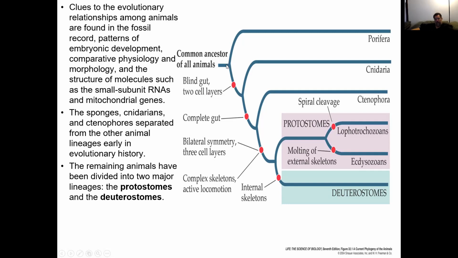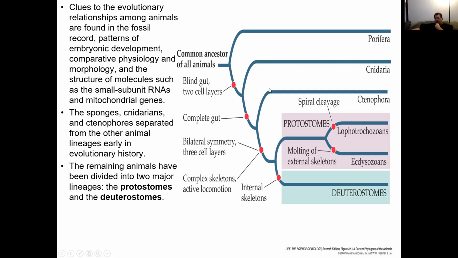And then as we branch off this evolutionary tree, we have something that says a blind gut two-cell layer. This must be in reference, obviously, to their body anatomy. But why do we have a blind gut? Remember, in the case of jellyfish, they have the same gut and mouth. So the food comes in and goes out the same hole. And then we start to see animals with a complete gut.